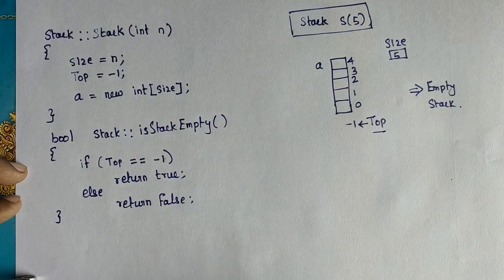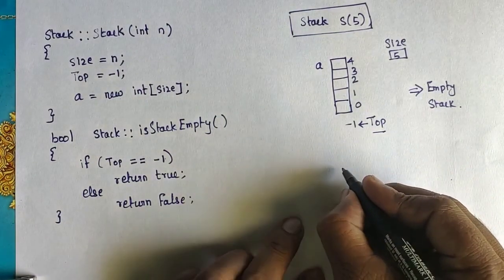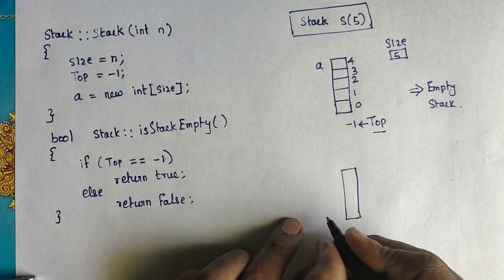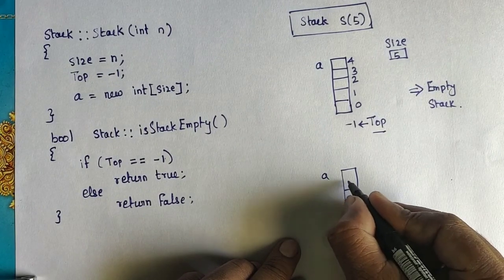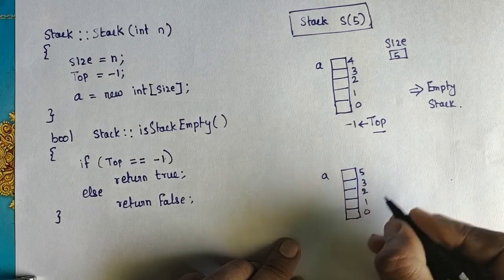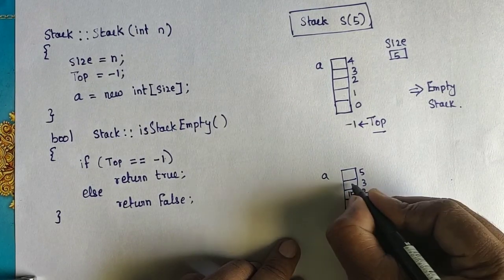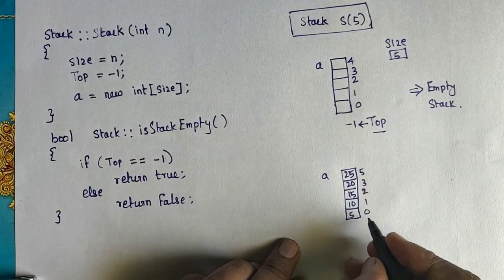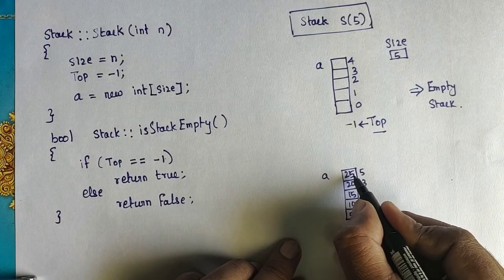So how can we identify that the stack is filled? When the stack is filled, the array A has indices 0 1 2 3 4, and all elements are filled, for example 5, 10, 15, 20 and 25. One by one we have filled, and the recently inserted element is 25.